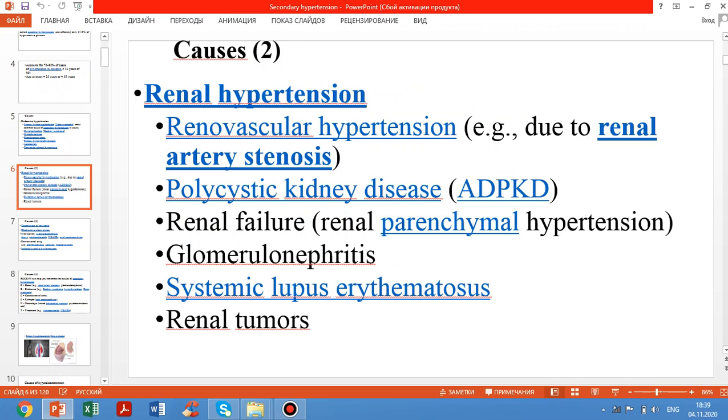Renal hypertension. This includes renovascular hypertension due to renal artery stenosis, polycystic kidney disease, renal failure, glomerulonephritis, systemic lupus erythematosus, renal tumors.